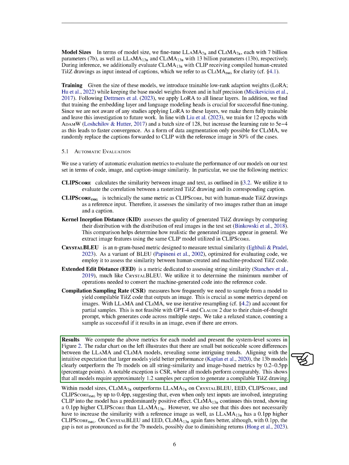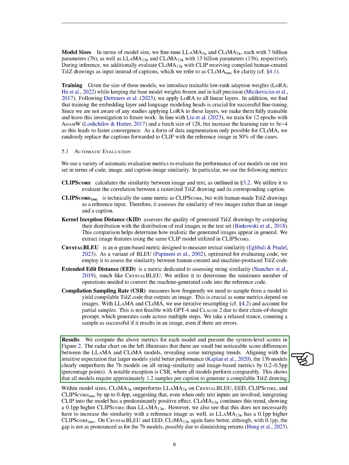We computed these metrics for each model and presented the results in a system-level scores figure. The radar chart on the left shows small but noticeable score differences between the models, revealing some interesting trends. As expected, larger models generally performed better, outperforming smaller models on all string similarity and image-based metrics by 0.2 to 0.5 percentage points.